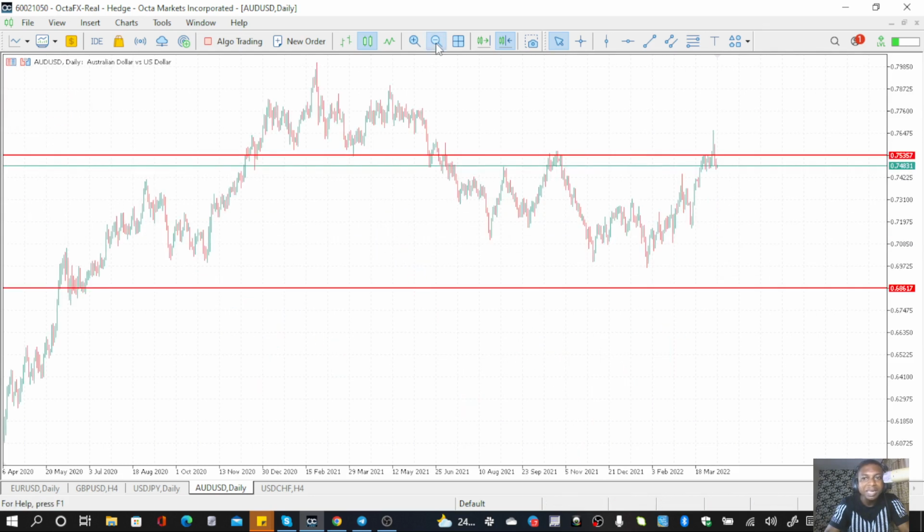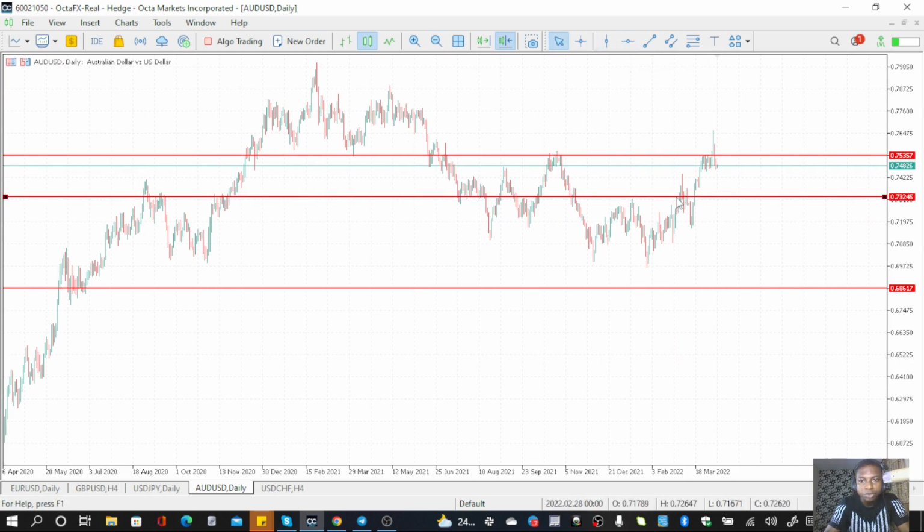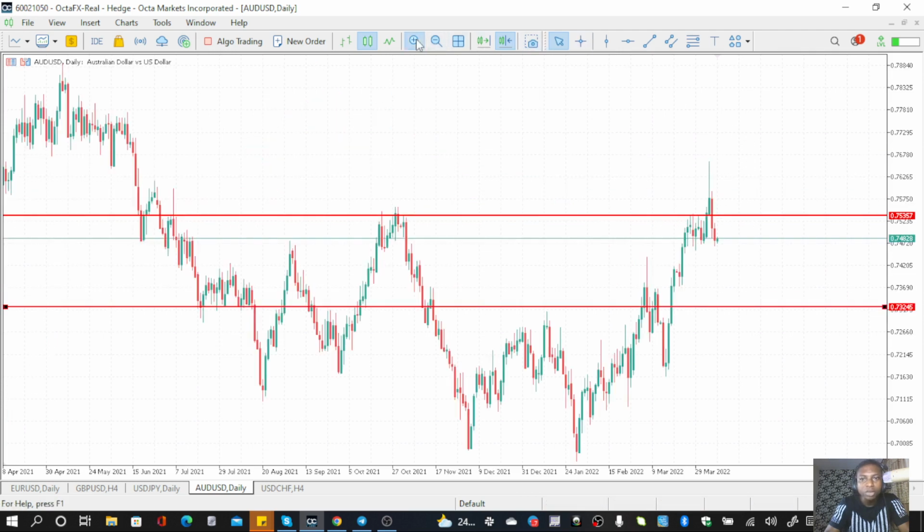So most likely in the short term, let's map out some other levels on this level here. So in the short term, we are looking at the market going down. All right, but we can't make that decision now, depending on if you are a swing trader or a day trader, right?